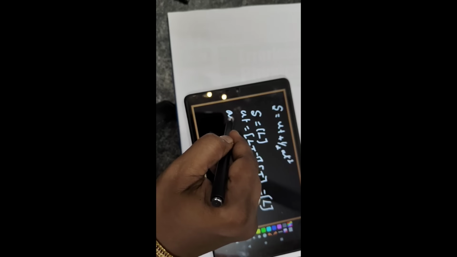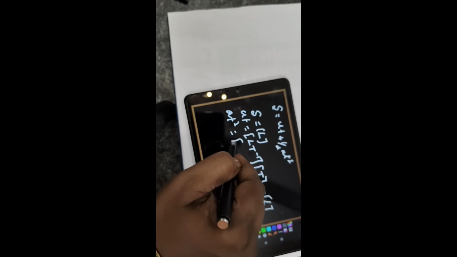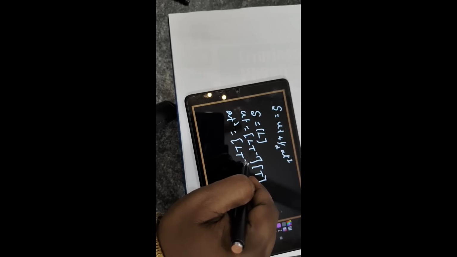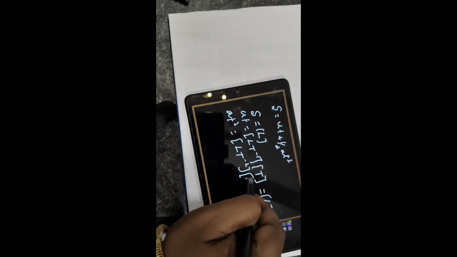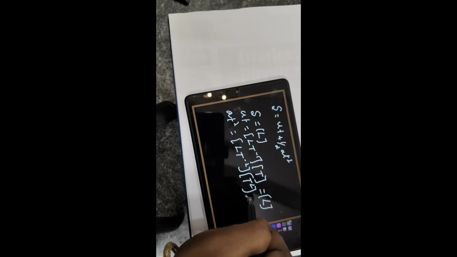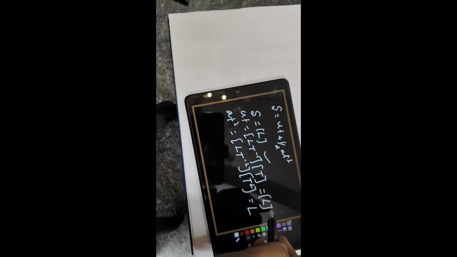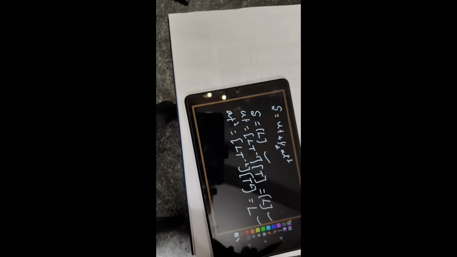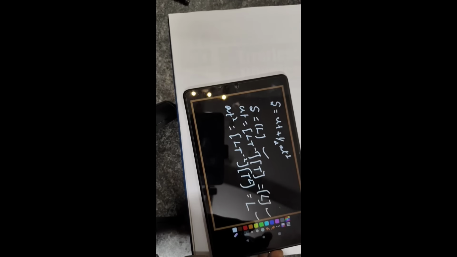Then at square is L t raised to minus 2 into T square, again it will be L. So we got all equal dimensions.